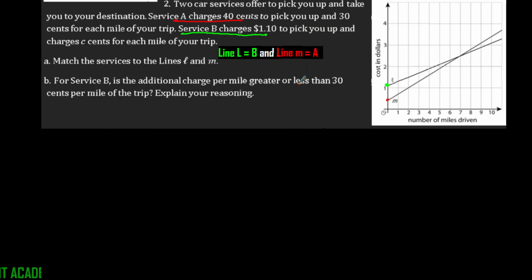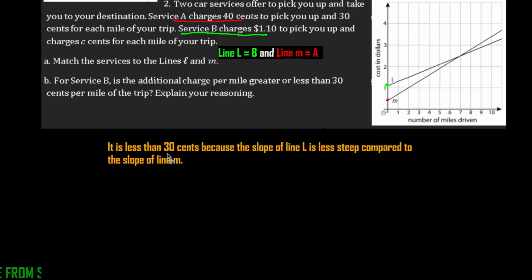Then it says for part B, for service B, is the additional charge per extra mile less than or greater than 30 cents per mile on the trip? So as we move from left to right, what's happening?